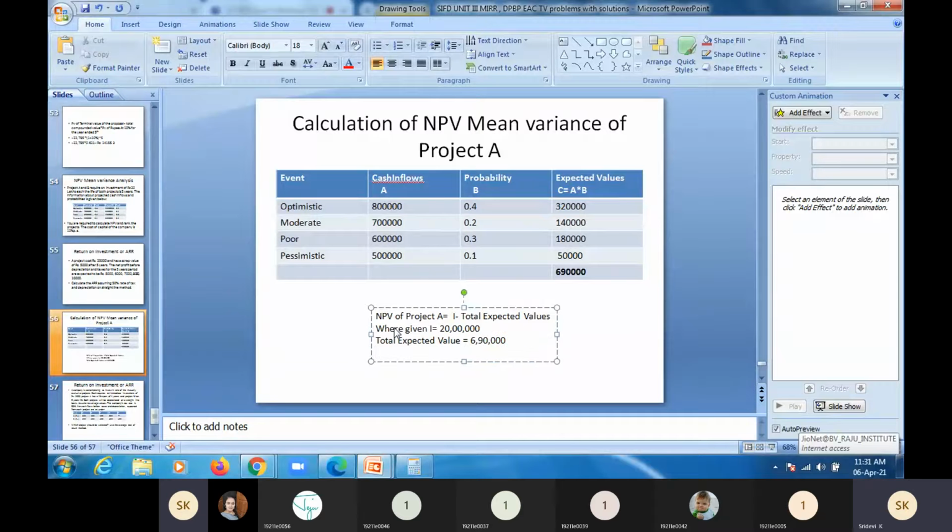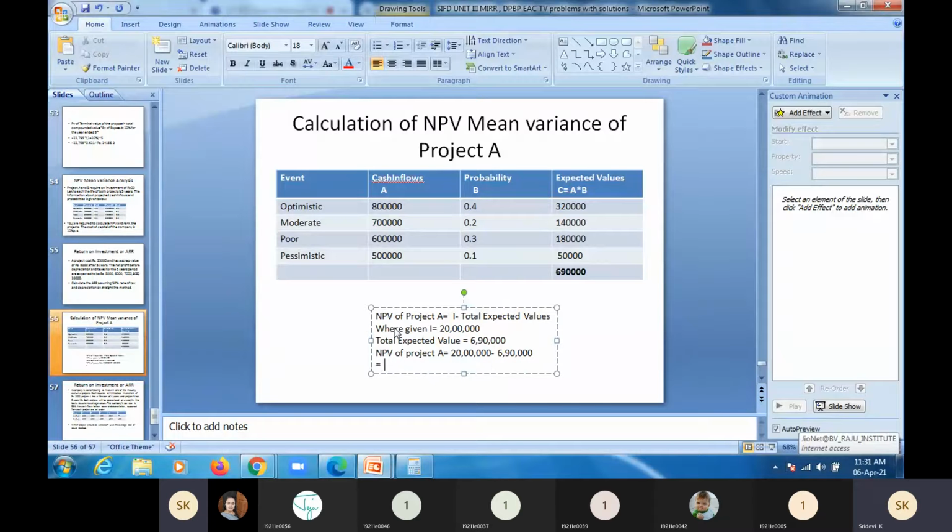So now NPV is equal to NPV of project A is equal to investment, 20 lakhs, 20 lakhs minus 6,90,000.